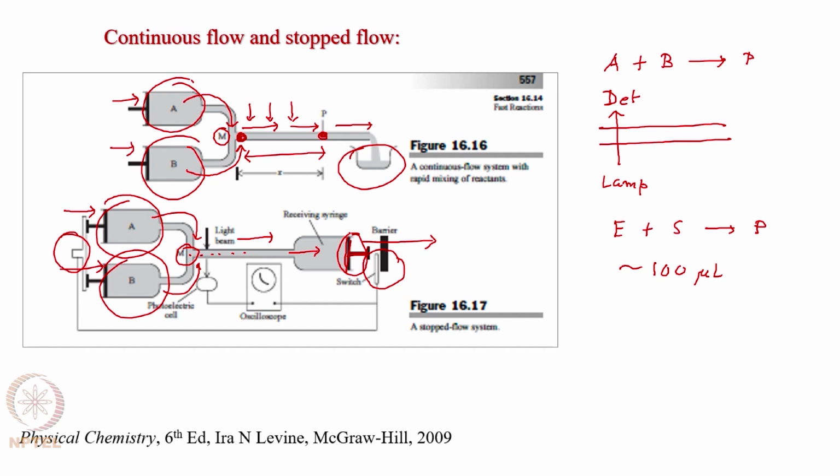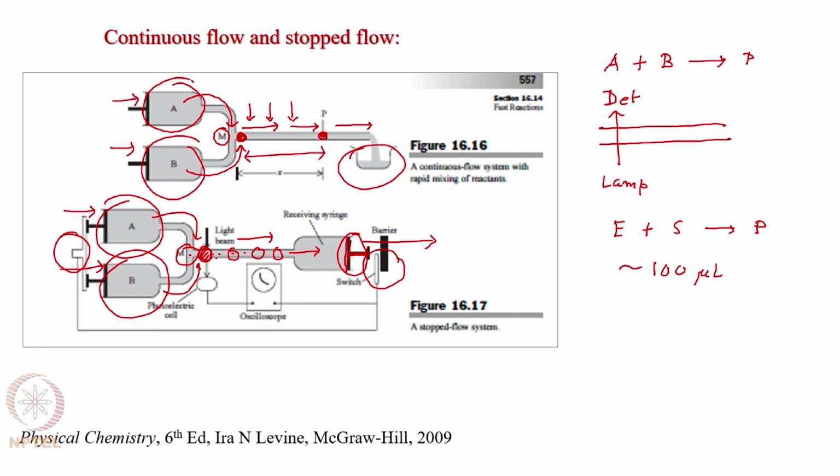So what will happen as a result, if you now look at the situation after the flow has stopped, then you can think that if I fix my spectrophotometer at a particular position and then take the spectrum over time, the flow has stopped everywhere.